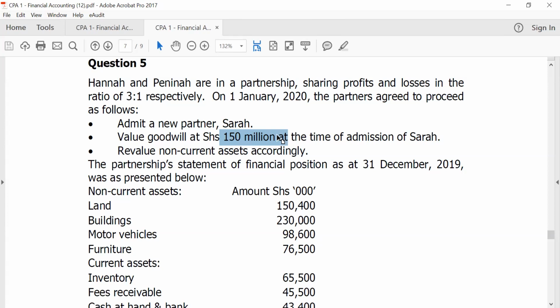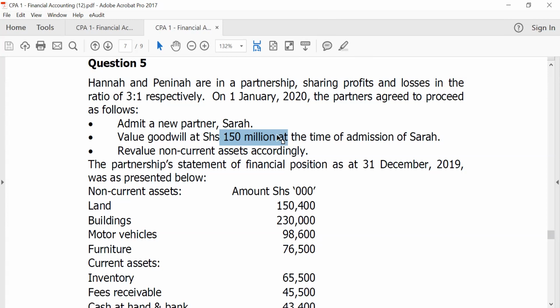In this case, if they had credited the capital account, you remove it from the capital account by debiting your capital account. As you credit your capital account, you debit your goodwill account. You get it? Yes, I get it.